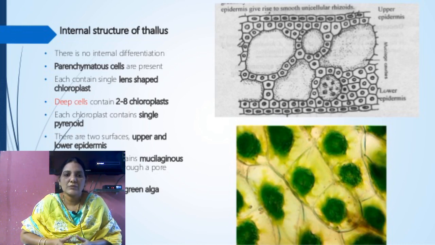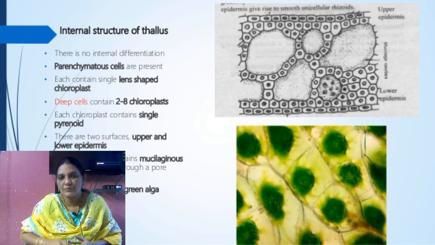The presence of a pyrenoid is one of the algal characters. It is not a bryophytic character. They contain chlorophyll cells, so they participate in photosynthesis and prepare food.